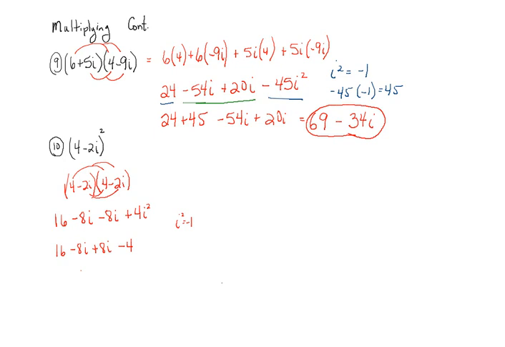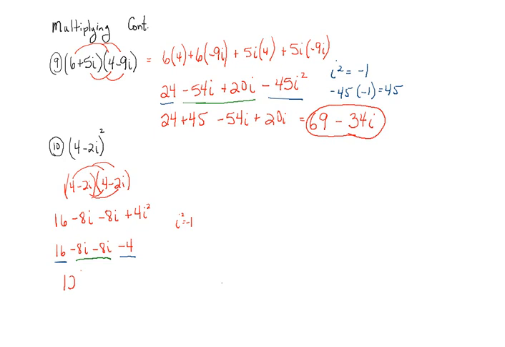Remember, anytime we have a binomial squared, if it's a minus b squared, that's going to equal a squared minus 2ab plus b squared. So in this term, my a is 4, my b is 2i.